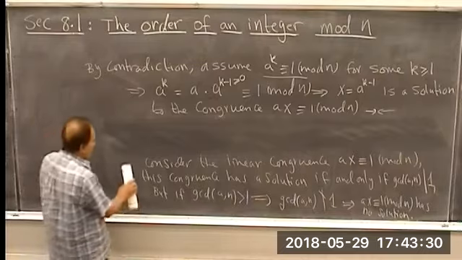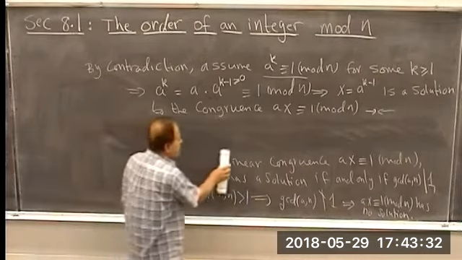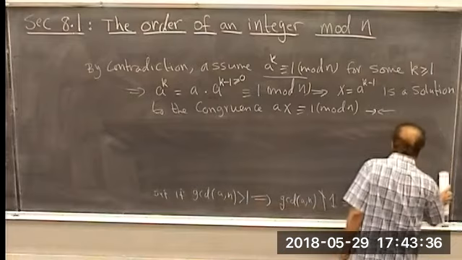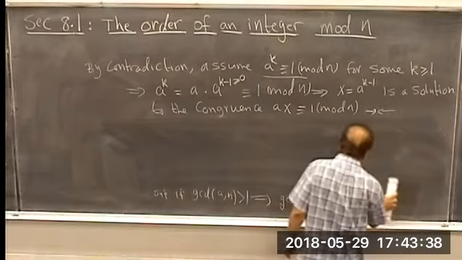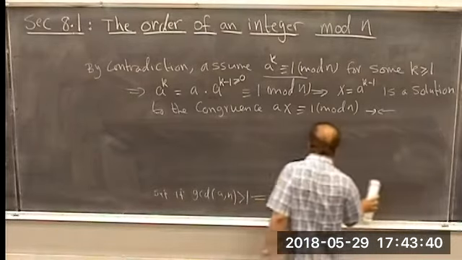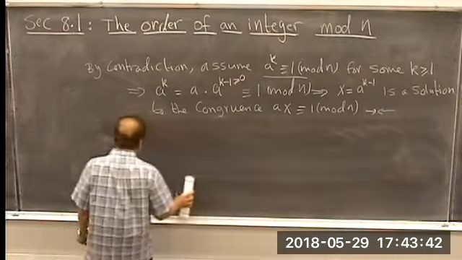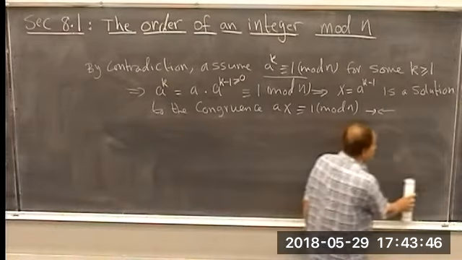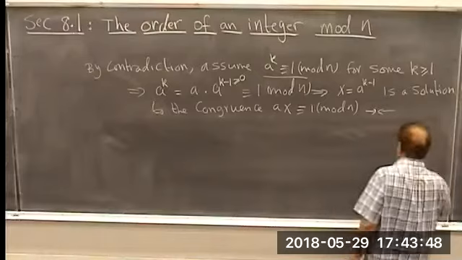All right, so from here on, whenever we talk about the concept of order, with or without stating the condition that the greatest common divisor of a and n must equal 1, it must be implicitly understood that it is.